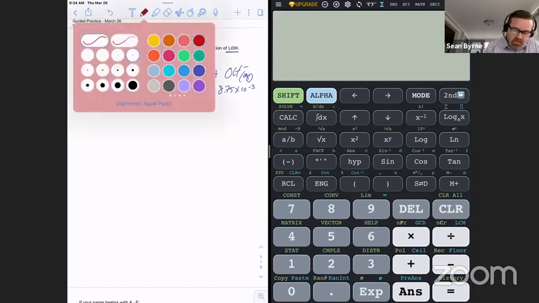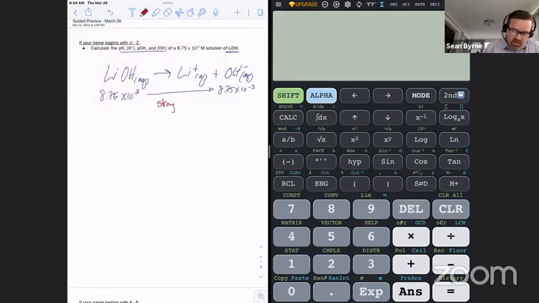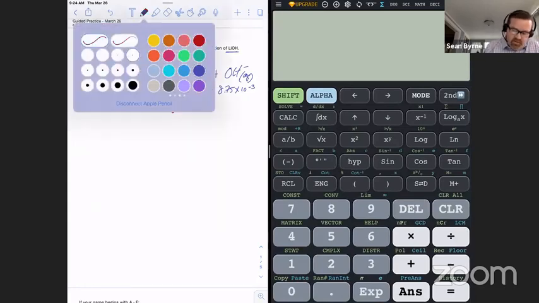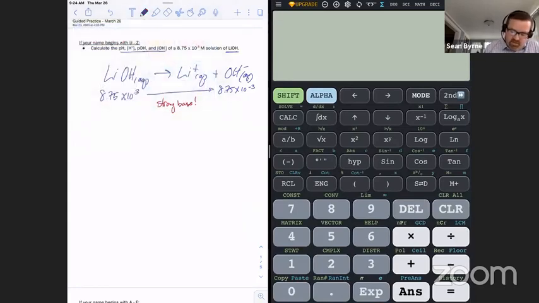Why? Because we've said that this is a strong base. Great. So then our next step would be to say that our hydroxide ion concentration is equal to 8.75 times 10 to the minus third molar.